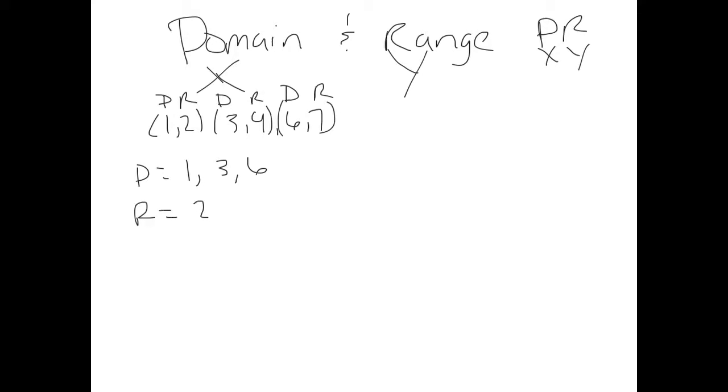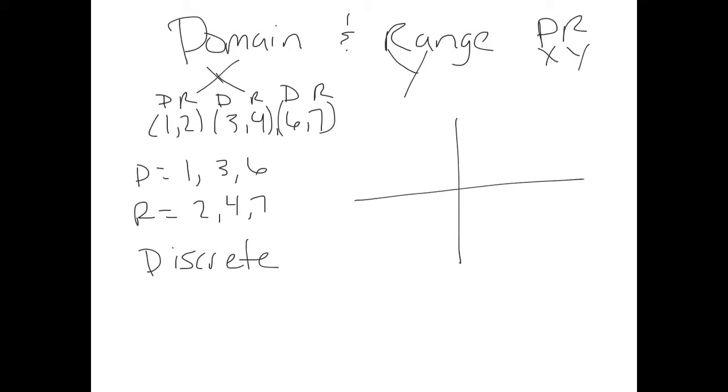So our range would be 2, comma 4, comma 7. Okay. This is if it's discrete, which is just points listed. If it is continuous and on a graph, then we might have something like that. And if that's the case, this is where, for our domain, we do left to right.